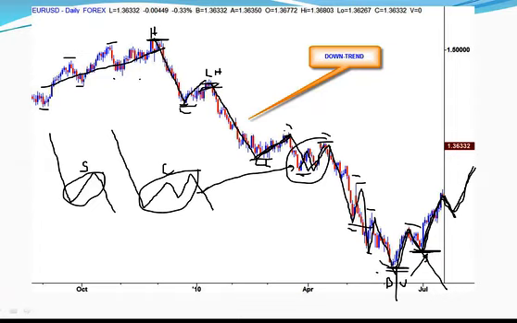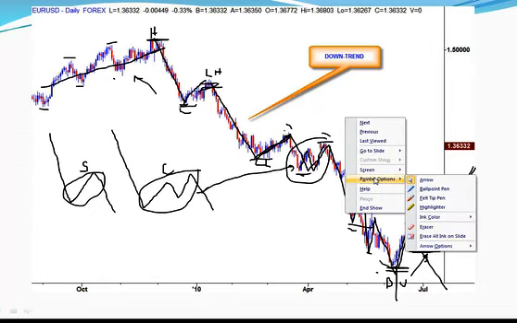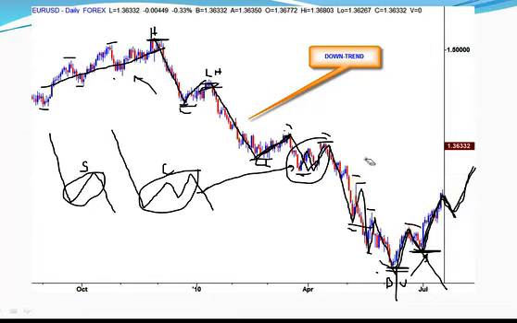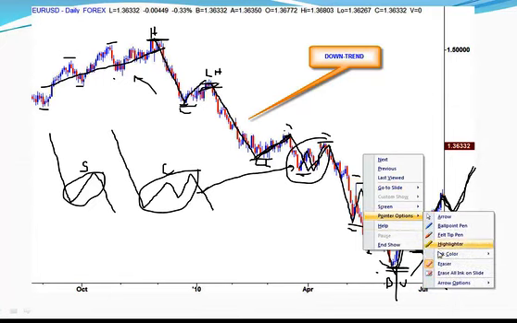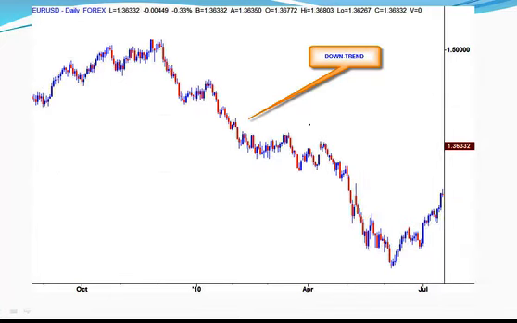Just like you saw here, same process. Sometimes it's pretty, sometimes it's not so pretty. But at least we understand what a downtrend in this particular instance looks like.